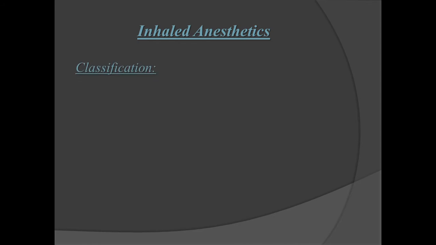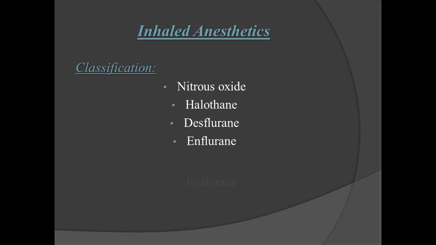Now we will discuss the inhaled anesthetics. What is their classification? These include nitrous oxide, halothane, desflurane, enflurane, isoflurane, sevoflurane, and methoxyflurane. As the name indicates, these drugs have their names ending with ane, except nitrous oxide.